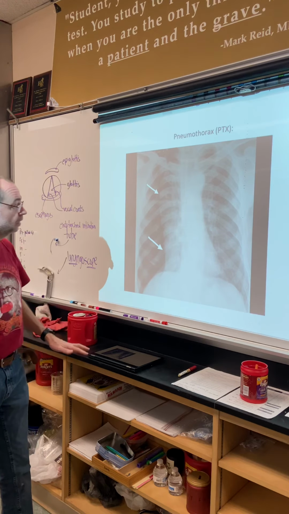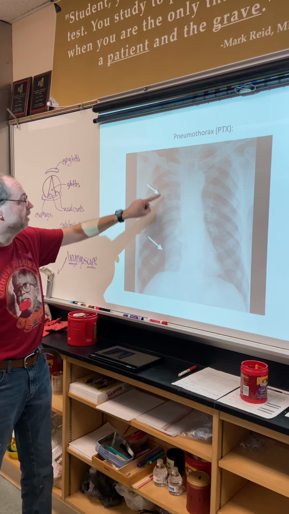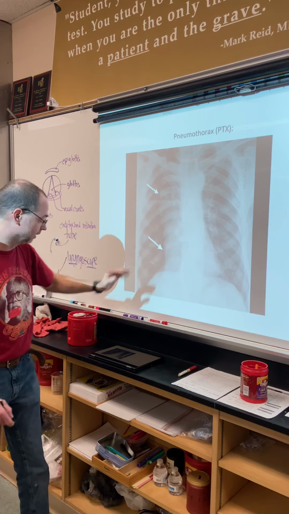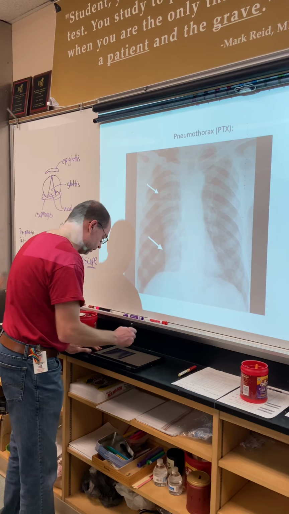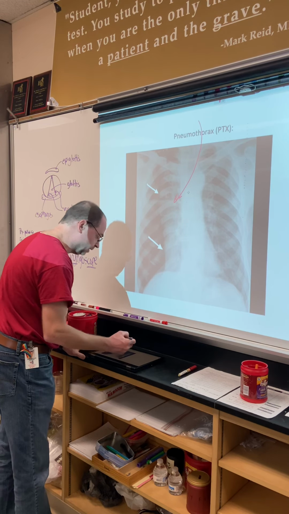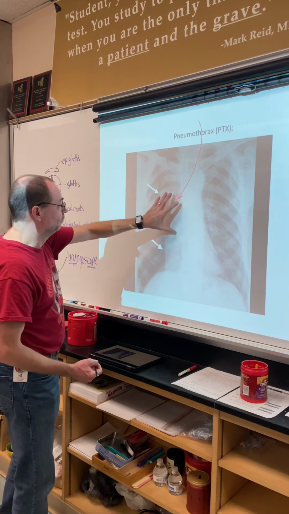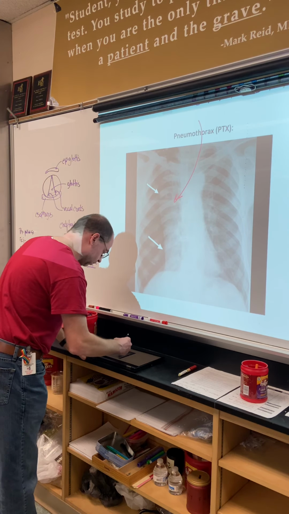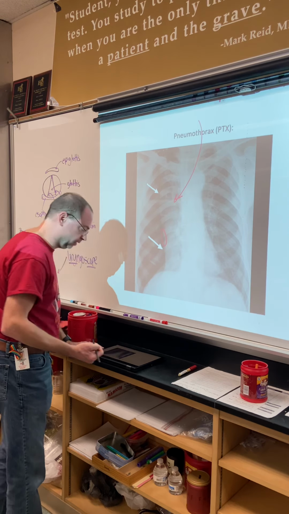Now, in this case, we have a collapsed lung here. So the right lung is collapsed and is being crushed. All that air, all that oxygen that normally would come down into the lungs and fill up the lungs like this one here has escaped out a hole. Let's say the hole is here, okay?